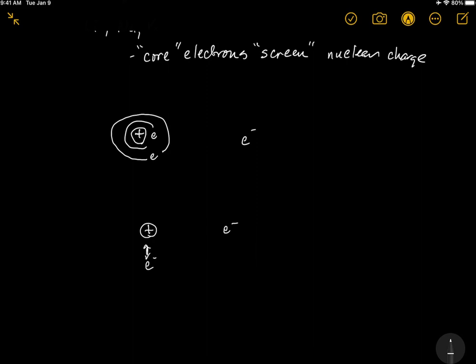And sometimes it's going to be closer, and the other one's going to be further away. And so we expect that if we introduce some kind of parameter associated with this, we're going to see an effective nuclear charge of between +1 and +2.